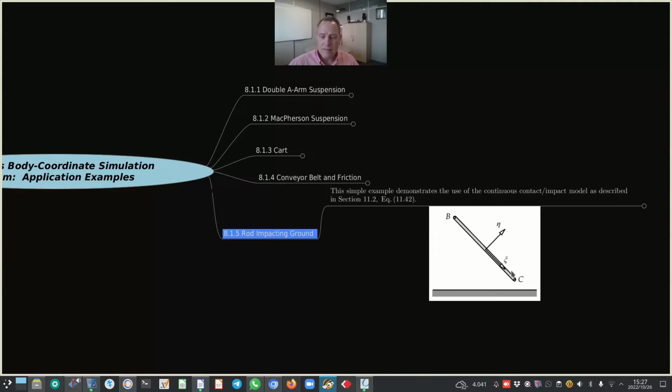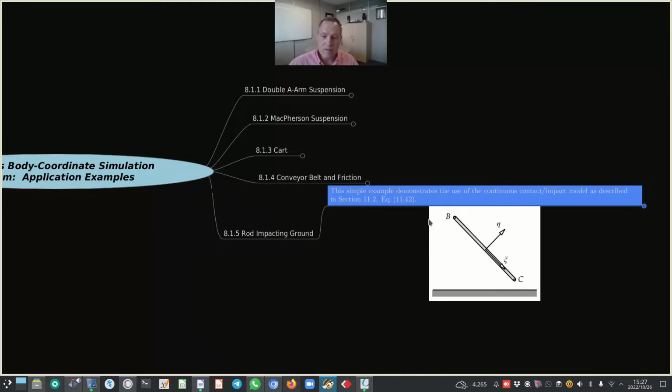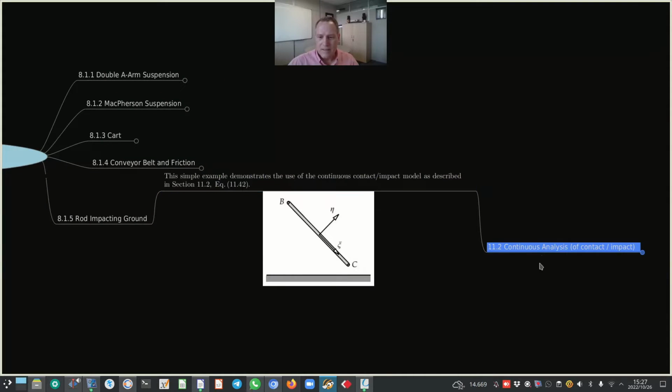Here you can see the schematic representation, and it is indeed a very simple example, but it demonstrates an intricate use of continuous contact impact as described in section 11.2 and equation 11.42. So, subsection 11.2, continuous analysis of contact or impact.